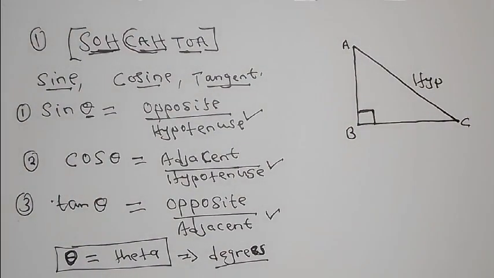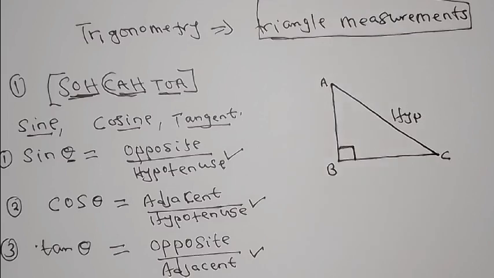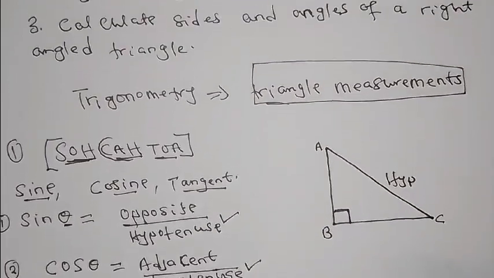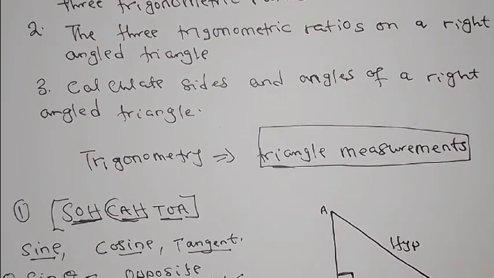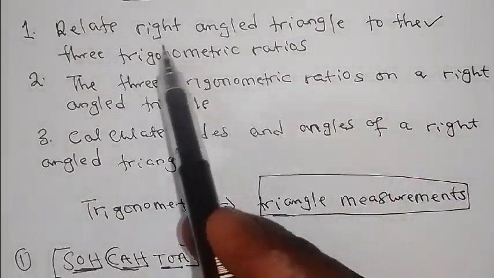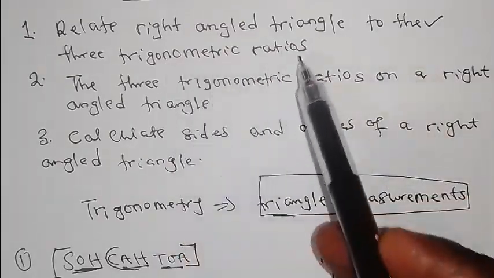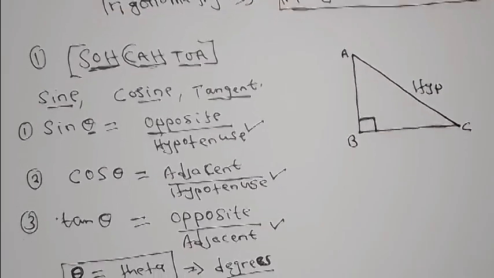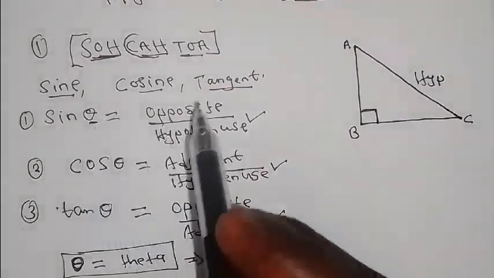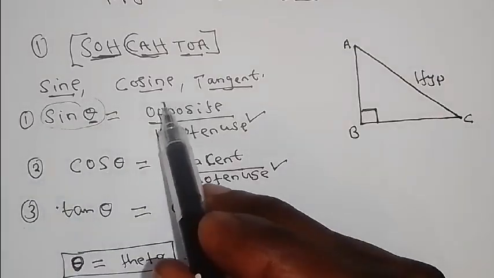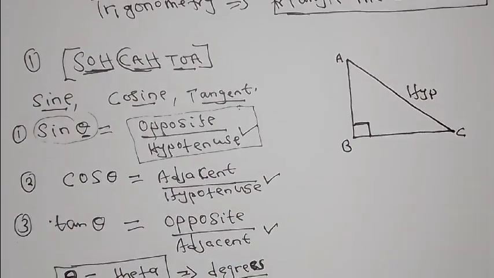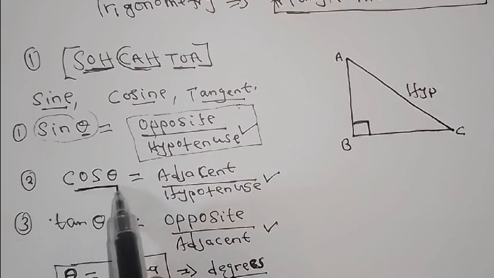Now in this example, I'm going to help you understand number 1: relate the right angle triangle to the three trigonometrical ratios. The relationship is that you have the angle and the sides of that triangle. So this is the angle.